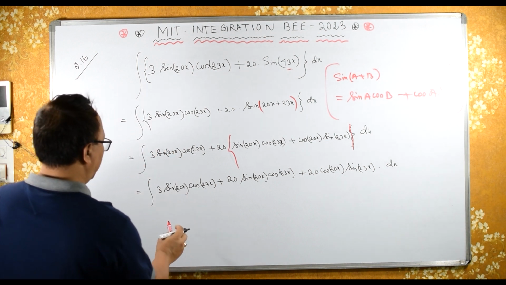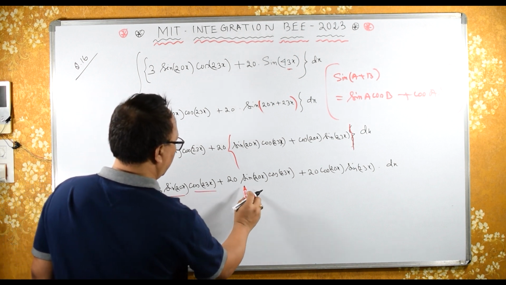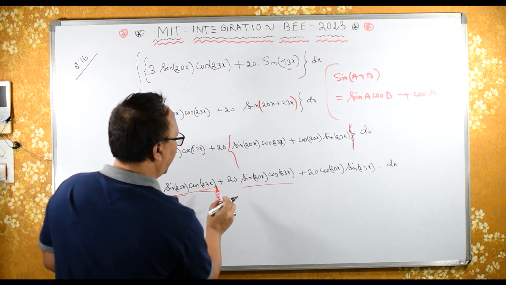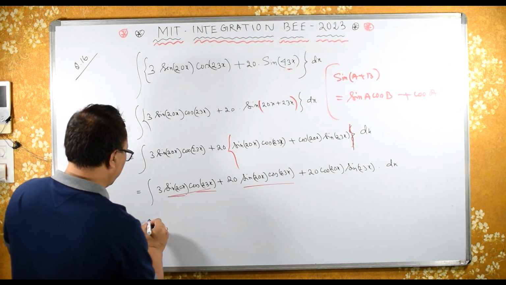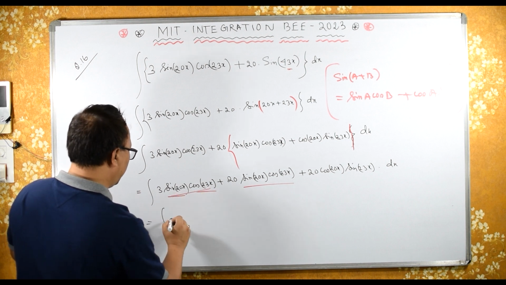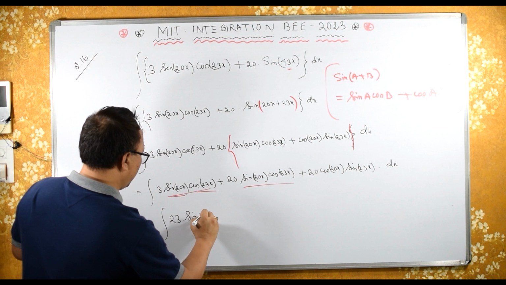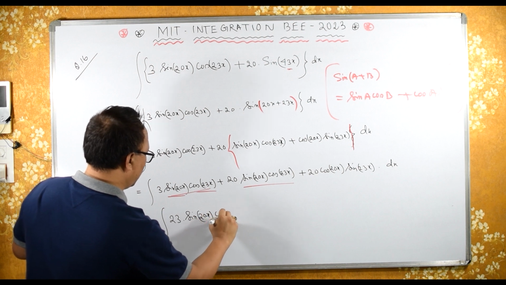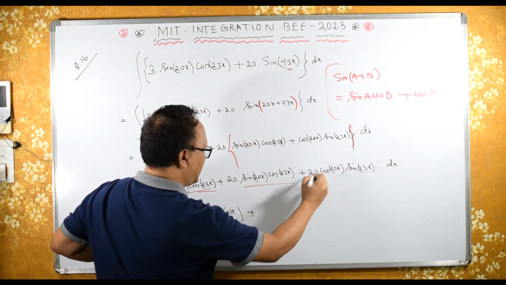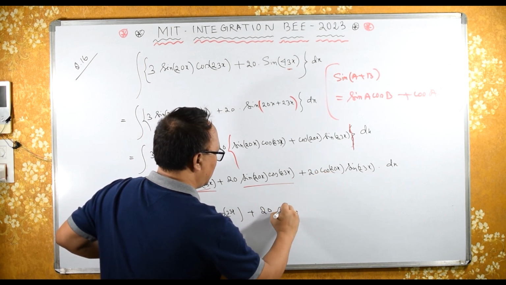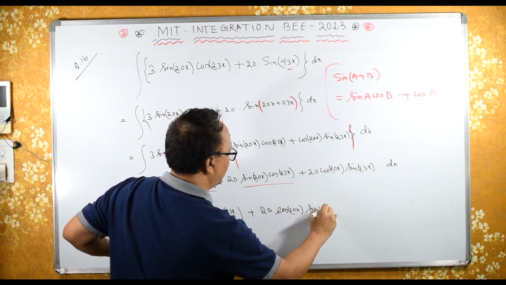We can add these two. If I add these two, this becomes integral of 3 plus 20, that is 23, sin of 20x cos of 23x, and here we have plus, as it is, 20 cos of 20x sin of 23x.